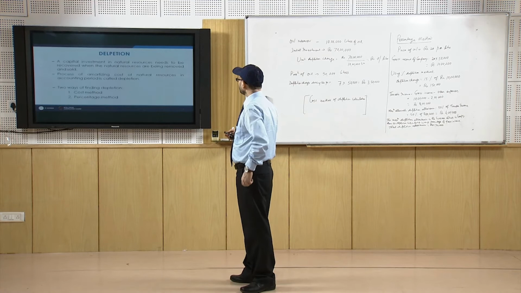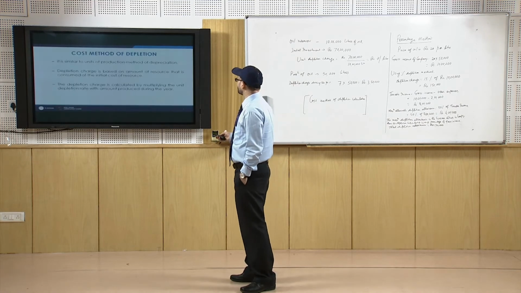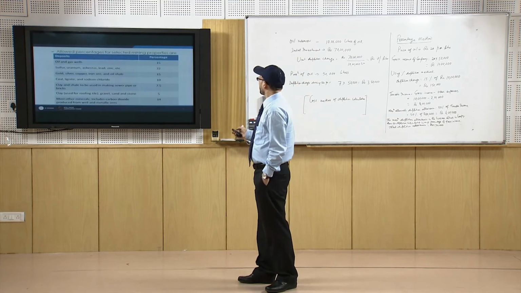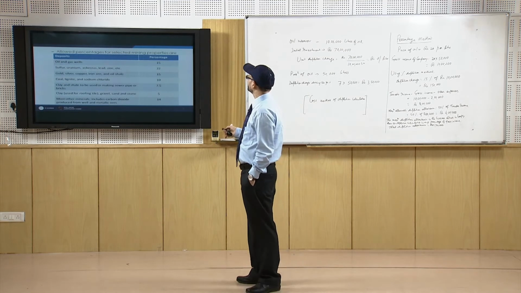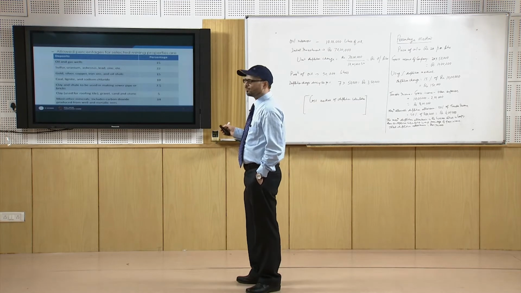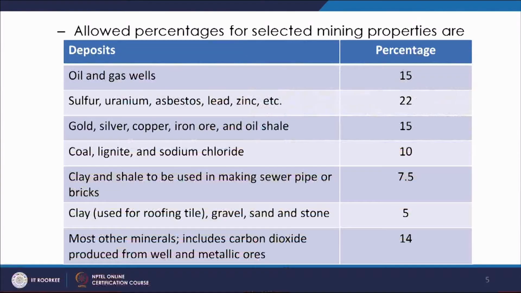Now, what we see is that you have different types of these deposits. Whenever we are told in the question about any kind of these materials, like if you are mining sulphur, uranium, lead or zinc, in that case the percentage, which we calculated as 15% in case of oil and gas, will be 22%.